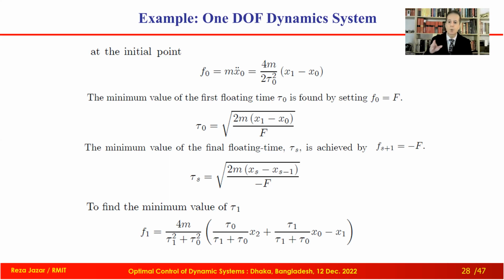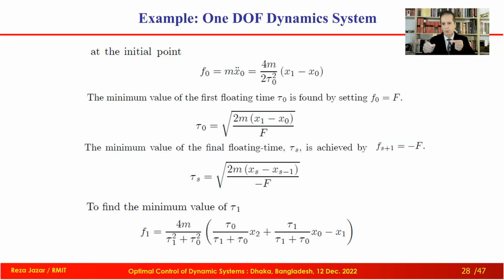Let's go to the endpoint, meaning one step before the endpoint. At the endpoint, I know that I'm supposed to be stopped. And I know that at that point, force would be braking force, so negative maximum. So the value at the endpoint is known based on the principle that I need it to be braking and stopping.